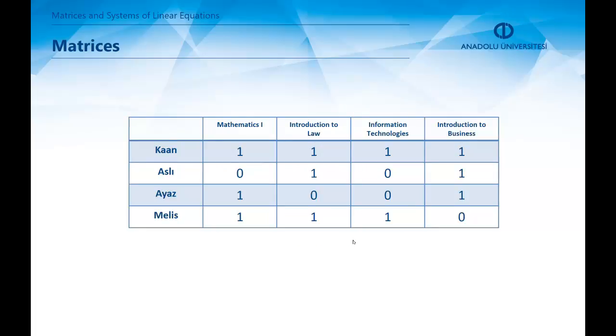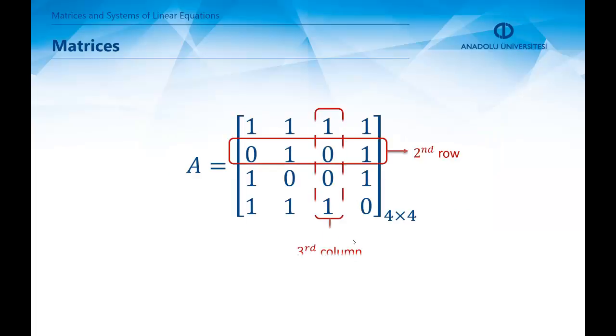It's Aslı and Information Technologies, and A23 denotes Aslı failing the Information Technologies course. So we label this element 0 as A23. In this notation, 2 means the number of the row, and 3 means the number of the column, and A23 is just an element of the matrix A.